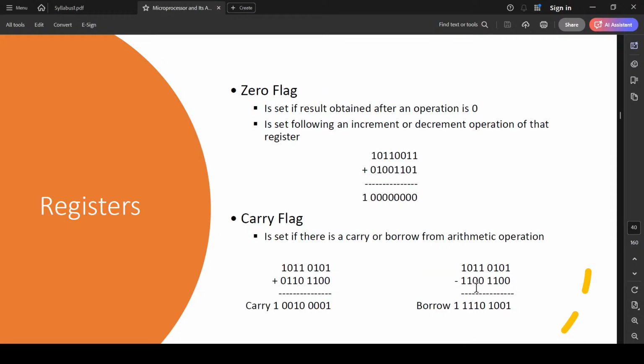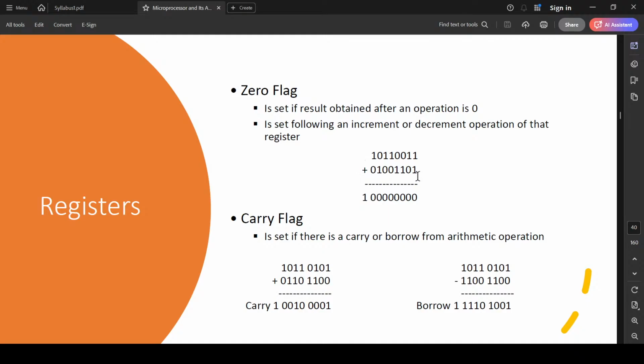So zero flag. Sir, zero flag, as the name suggests, is set. Set means one. So it is one if the result obtained after an operation is zero. What does it mean, sir? Okay, let's see. It is set following an increment or decrement operation of that register.